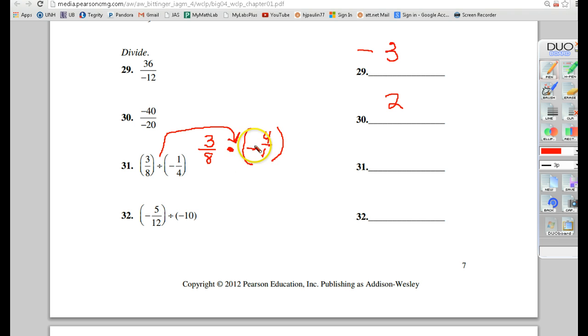Now you want to cancel out wherever you can. That goes into there once. This goes into there twice. So we end up with a negative 3/2.